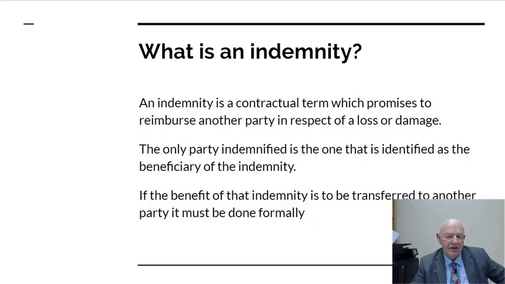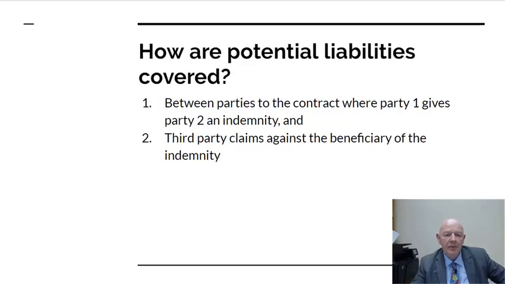And if that house is sold before the council takes the estate in charge, then the benefit of that indemnity must be assigned from the vendor of the property to the new purchaser. So that's what is meant by, if the benefit of the indemnity is to be transferred to another party, it must be done formally. So there would be a deed of assignment or some sort of an assignment, a note or memorandum.